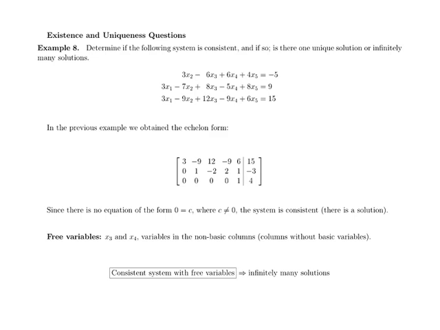So here's our system. We put it into our matrix, and we put it into echelon form. This is our previous example that we worked on. Just from the row echelon form, we can see if there's going to be no solution, one solution, or infinitely many solutions.